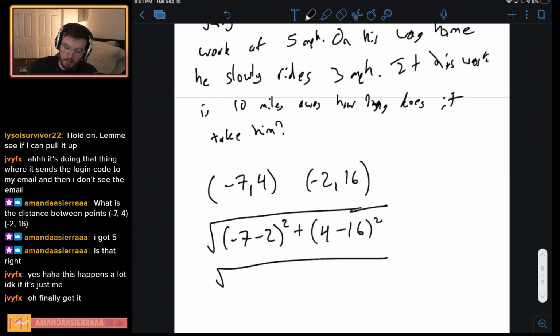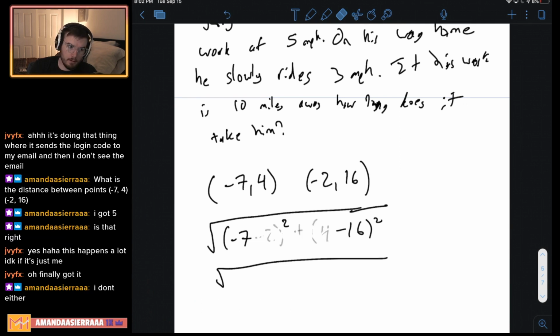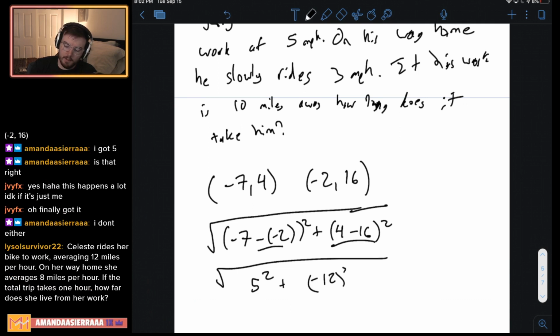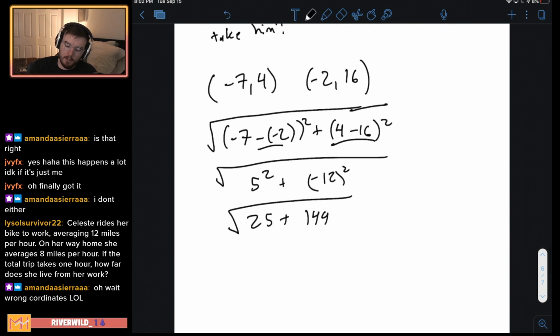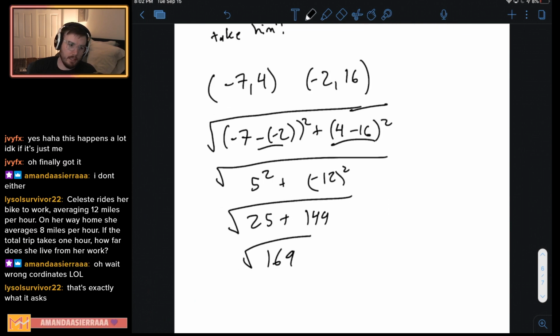Oh wait, -2. -7 minus -2 squared plus 4 minus 16 squared. So that's plus 2, so I'm going to have 5 squared right there. And then 4 minus 16, that's -12 squared right there. So I end up with 25 plus 144, which is 169.